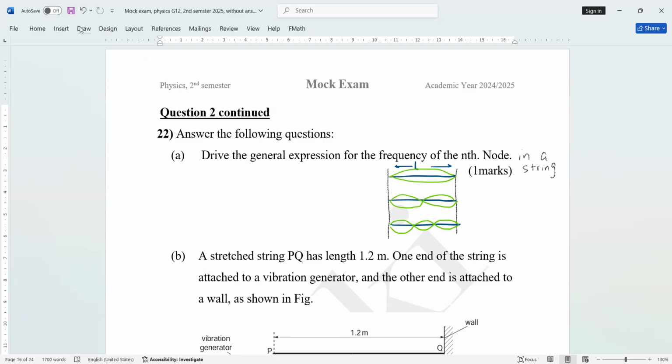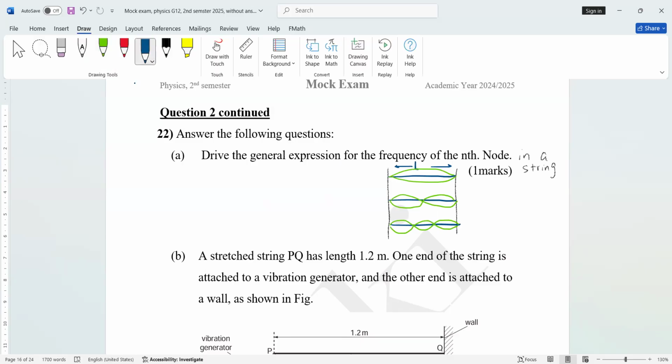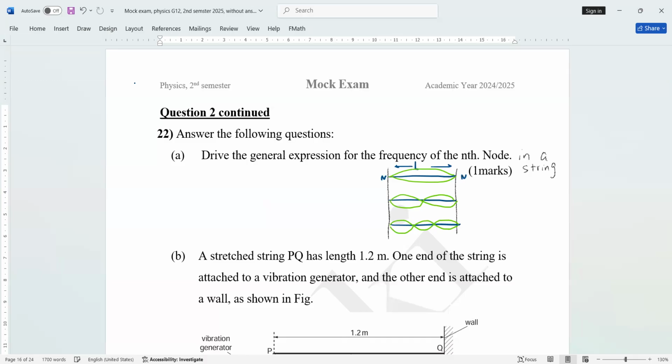Now, in the first case, n equals 1. The distance between two successive nodes is half lambda.